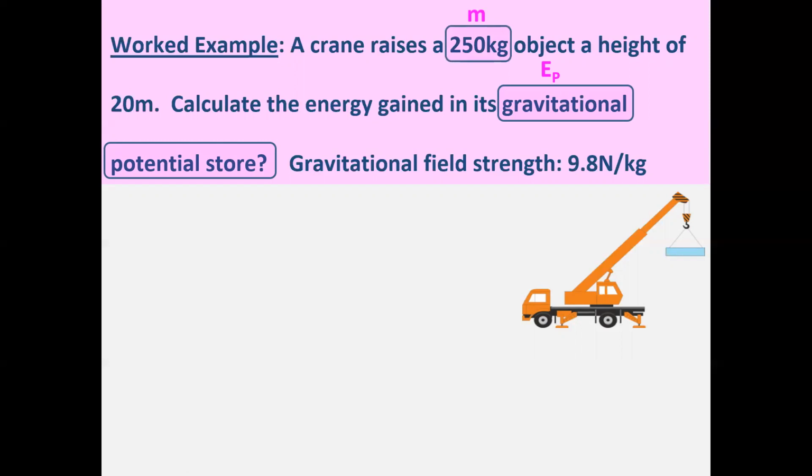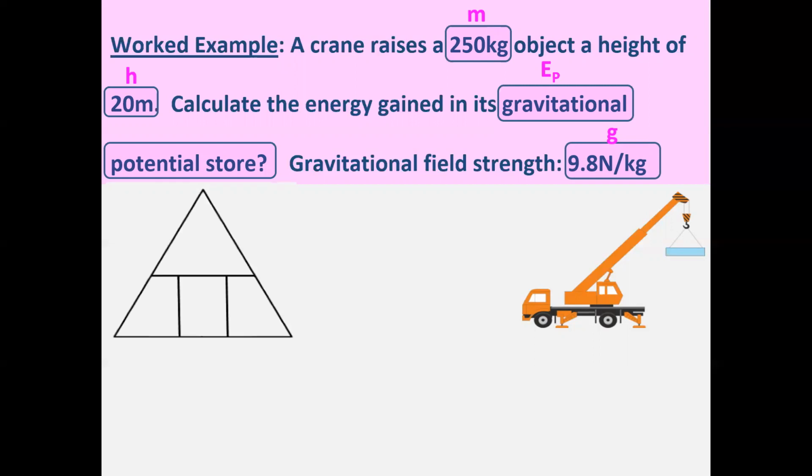You've been given the mass of 250 kilograms. You've also been given the height of 20 meters, and you've been told that the gravitational field strength is 9.8 newtons per kilogram. So use that information to complete the formula triangle.